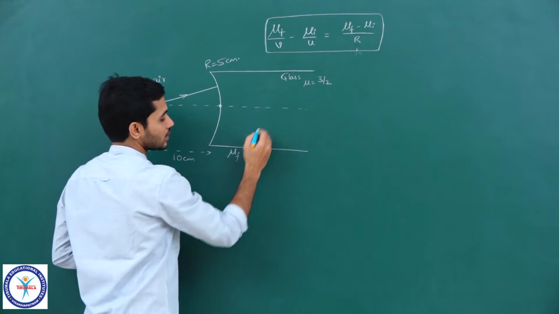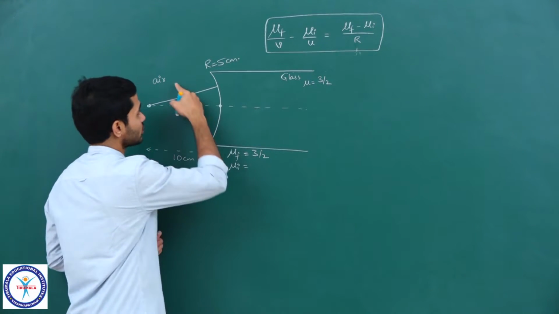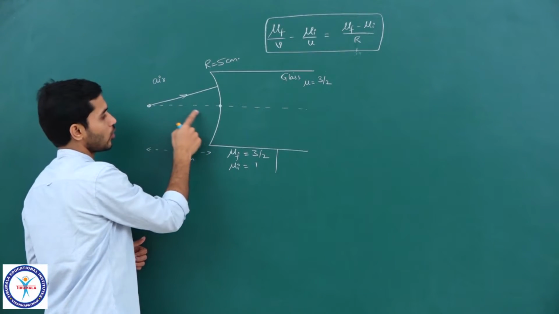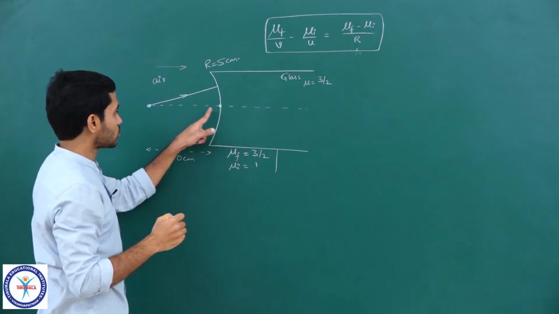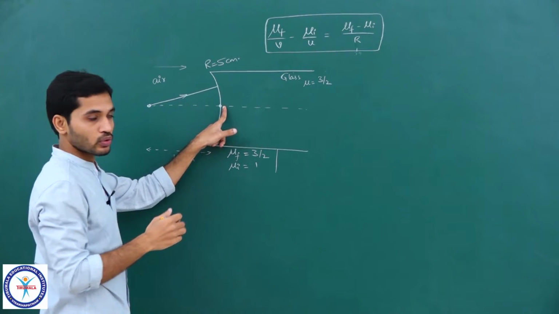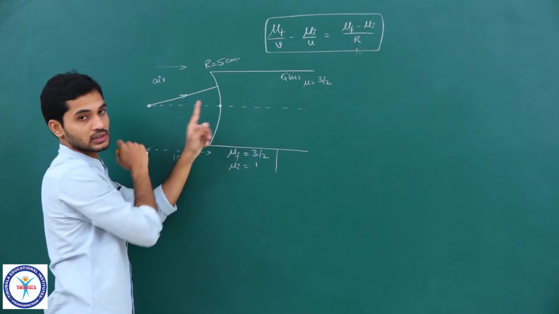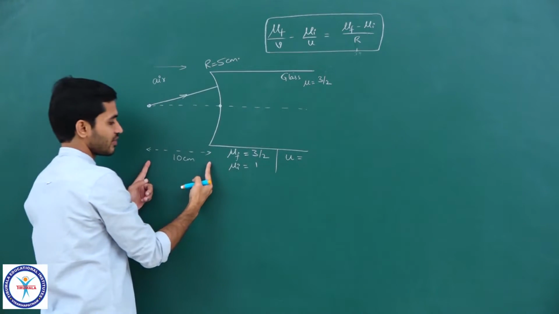So, mu final is 3/2, mu initial is, because it is air, 1. Similarly, light rays are travelling in this direction, the object is to the left side, which means from the pole to reach the object I have to go this way, which is opposite to the convention which we have taken. So, u is negative. How much is the value?